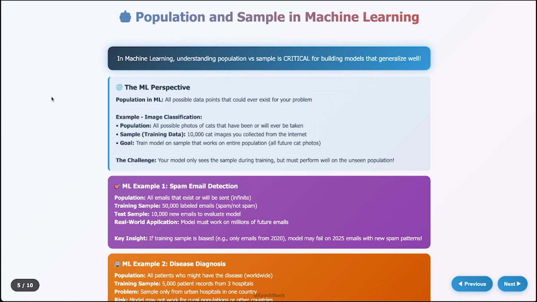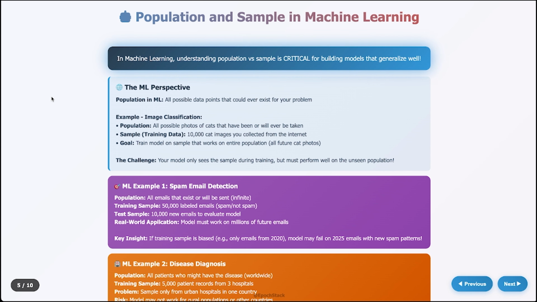Here the population is all possible photos of cats that have been or will ever be taken, that exist till now in the world. As we know, we cannot get all the population data, so we take the help of sample data, that is, training data. For example, you collect 10,000 cat images from the internet.